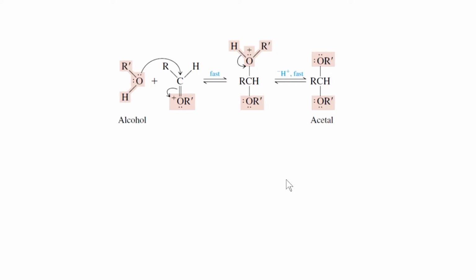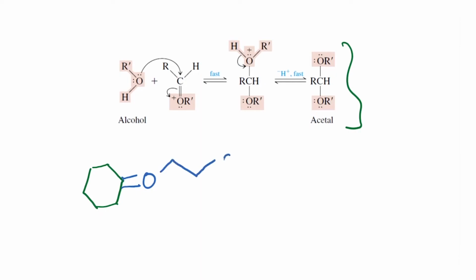Now if another alcohol molecule attacks this intermediate, then you're going to produce this kind of an intermediate which can lose a proton to give you the acetal. So if we were to draw this last step with cyclohexanone, you get CO, CH2, CH2, OH, right?